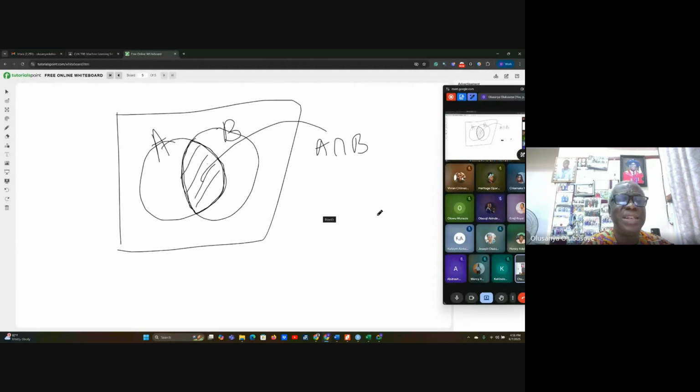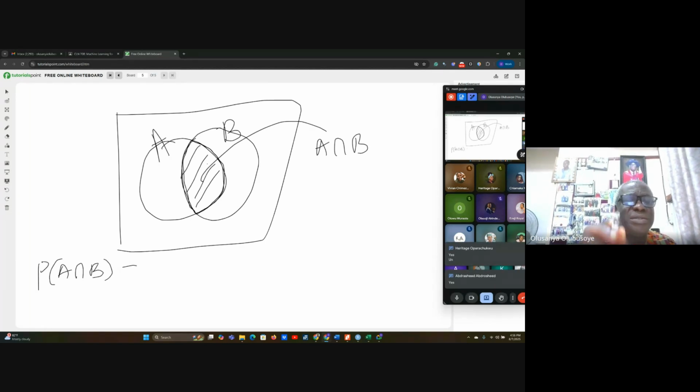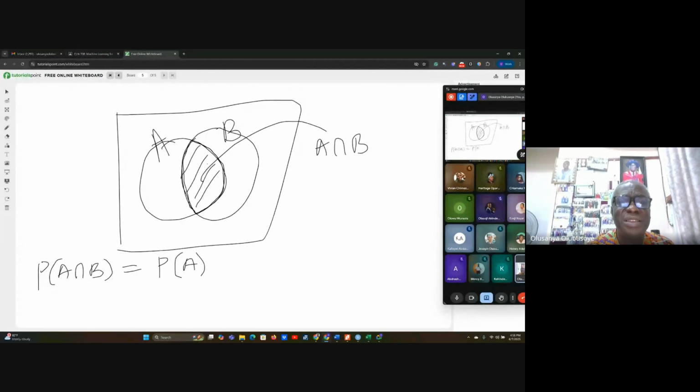So we can define the probability of A intersection B, this particular place, to be the probability of A times the probability of B given A. That is, this particular place is the probability of A multiplied by the part of B that is in A, if that will help you to understand.